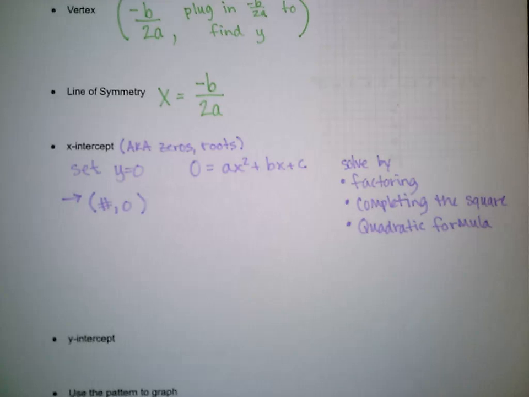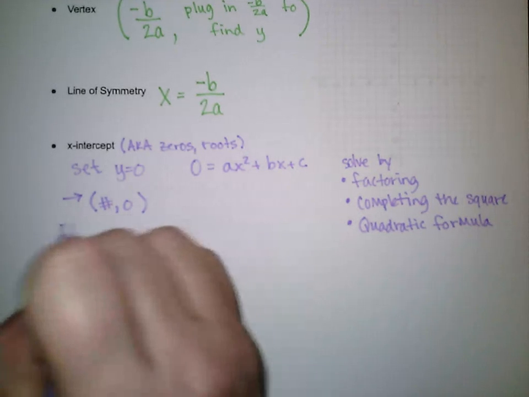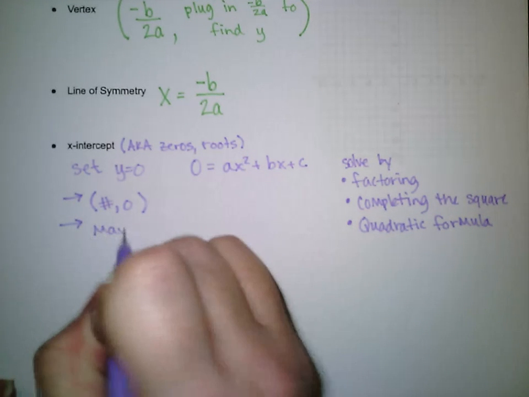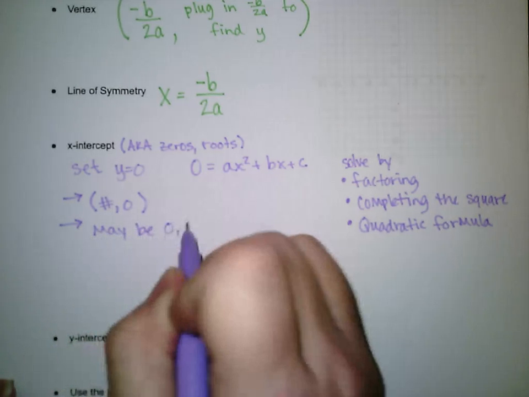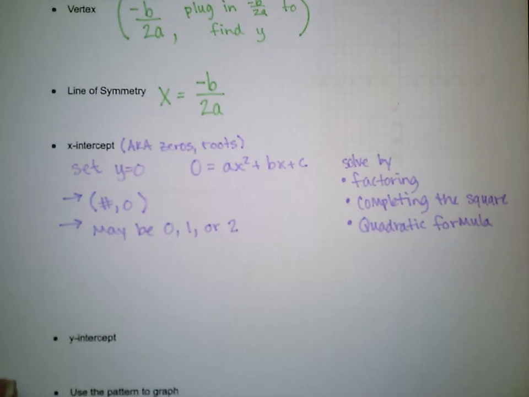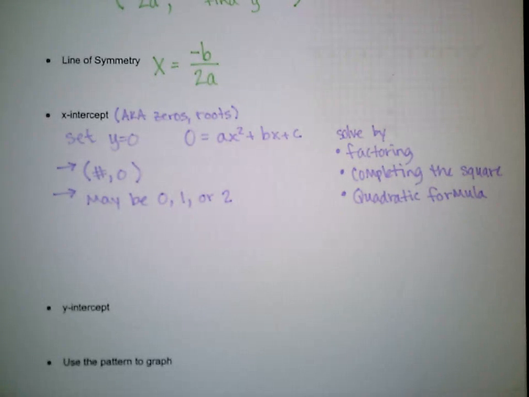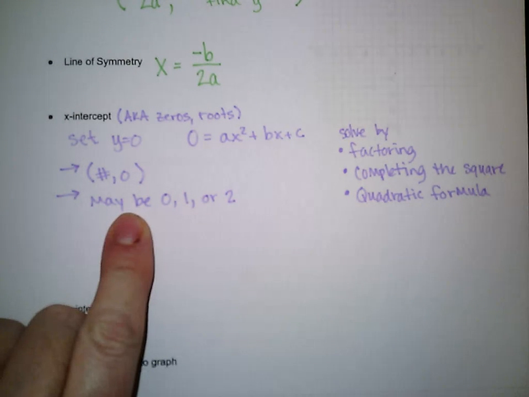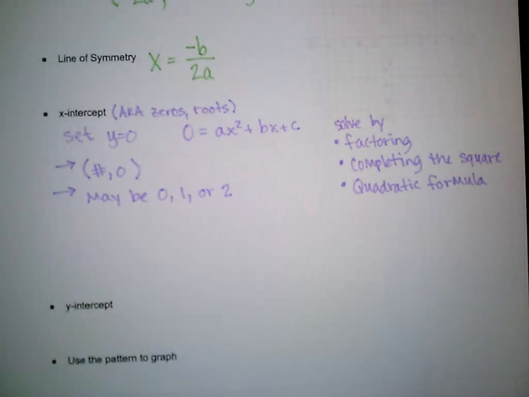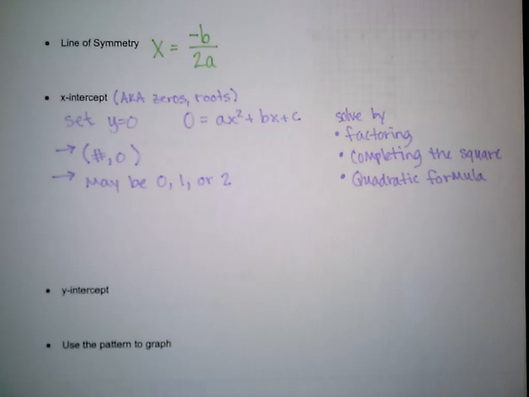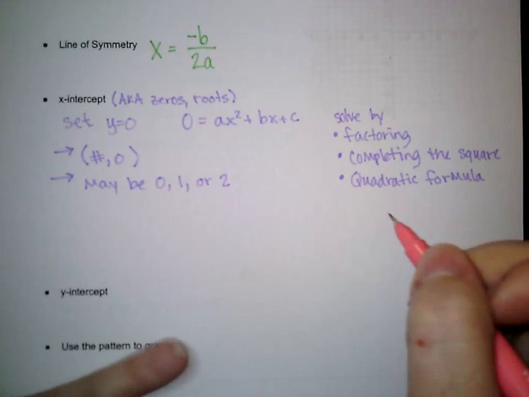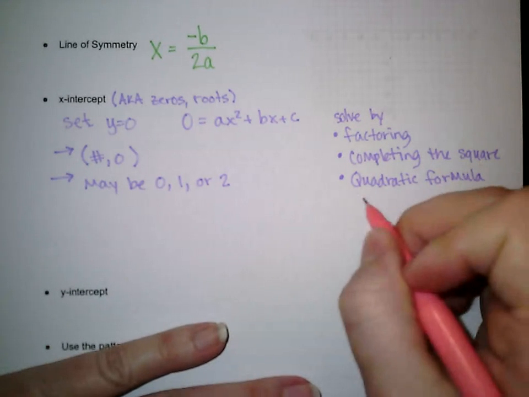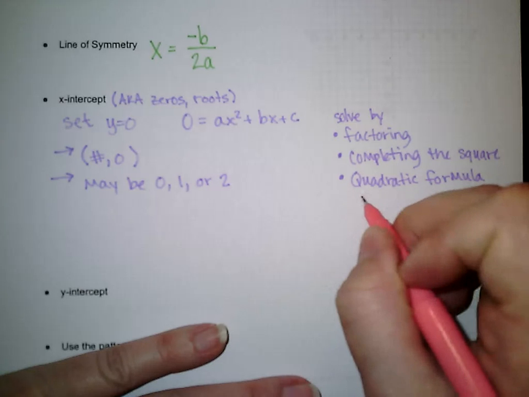And also remember that there may be 0, 1, or 2 of these x-intercepts. So regarding these 0, 1, or 2 x-intercepts, with the quadratic formula, we had that thing called the discriminant.